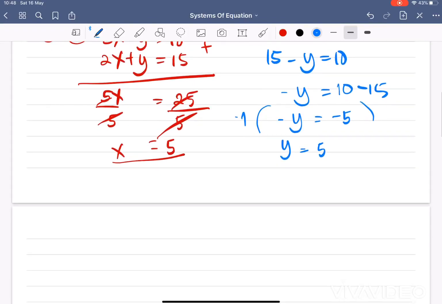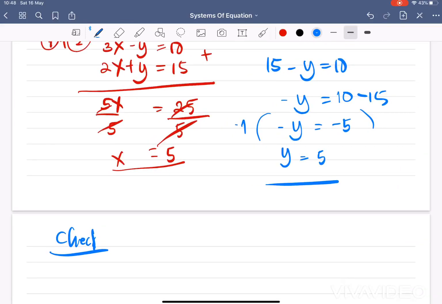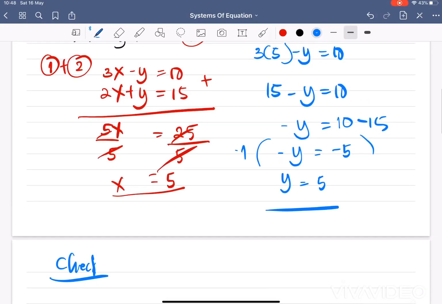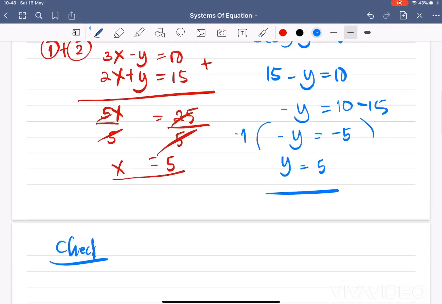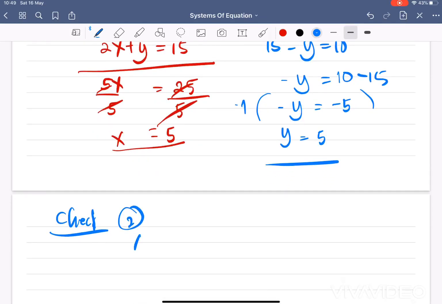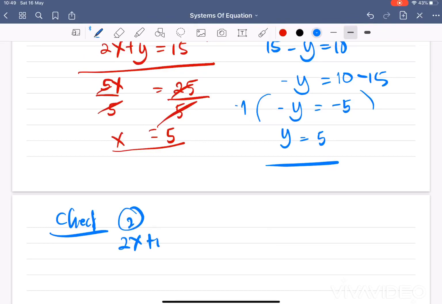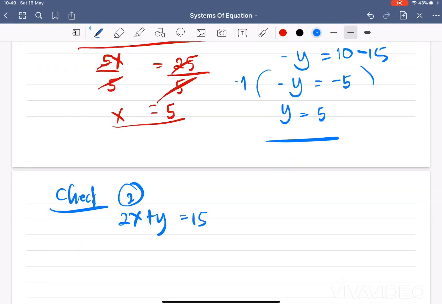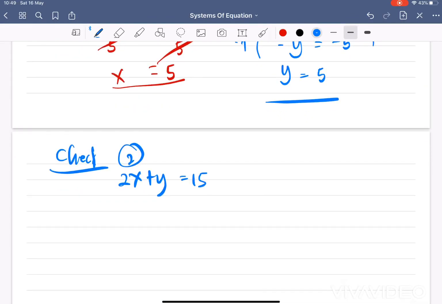Now, to check whether these values of x and y are really a solution of the equations, we replace the values of x and y in either of the equations. Let us use equation number 2: 2x plus y equals 15. Replacing x with 5 and y with 5, we have 2 times 5 is 10, plus 5 is equal to 15.